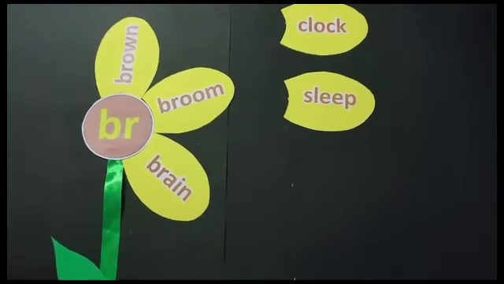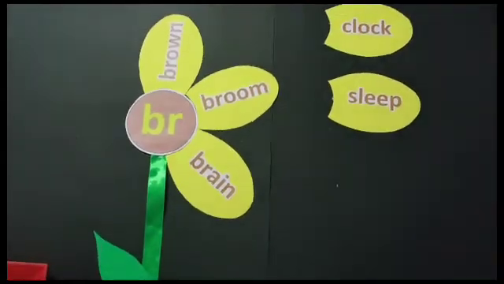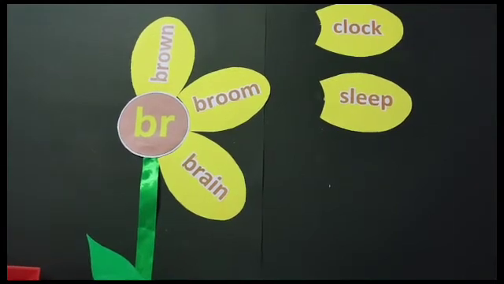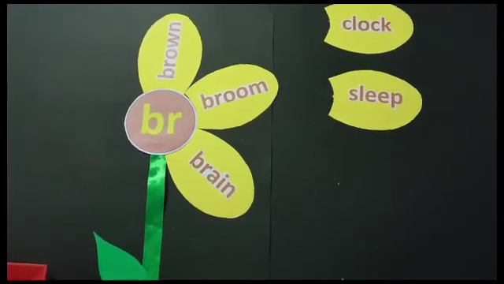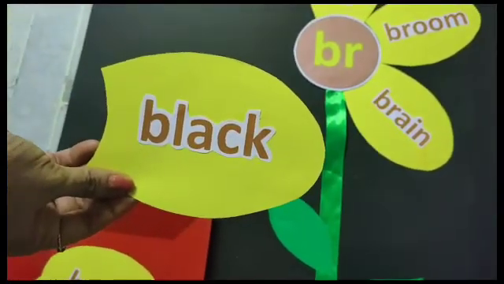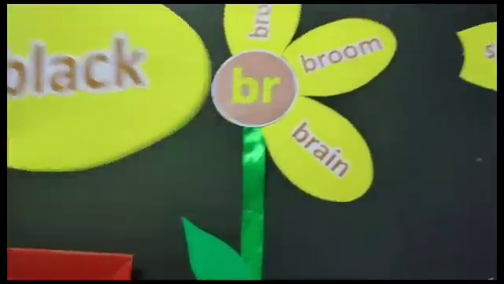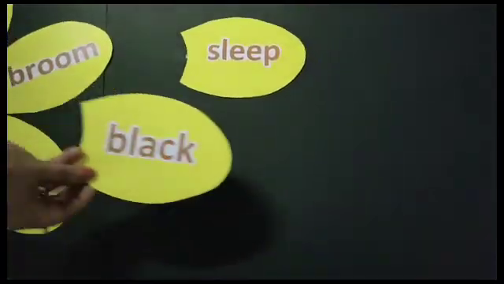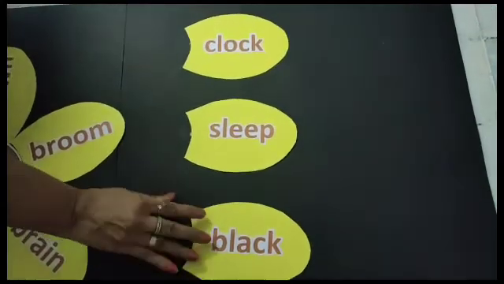Now, our BR flower is looking more like a flower, but yet not complete. What can you read on the next petal? It is black. No br sound. So this petal goes to the side.